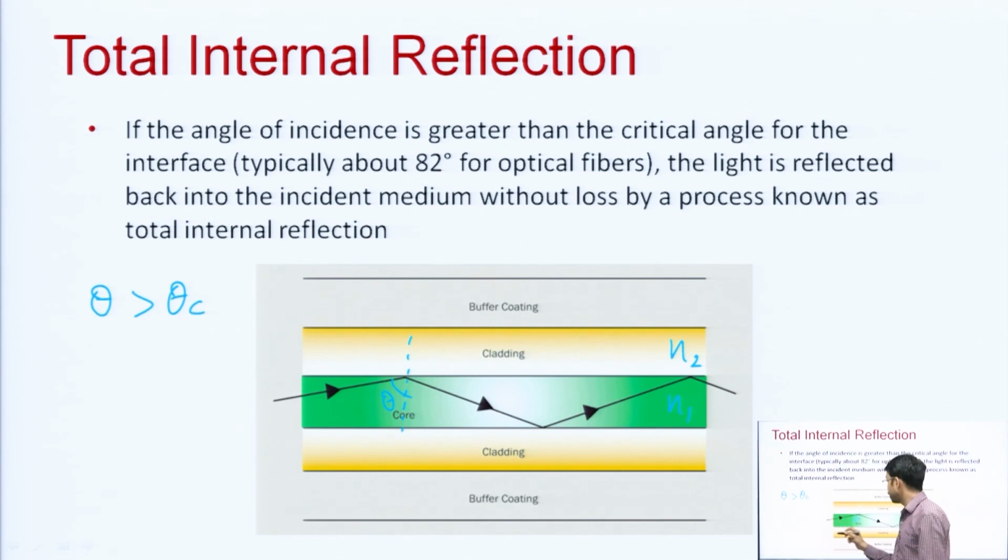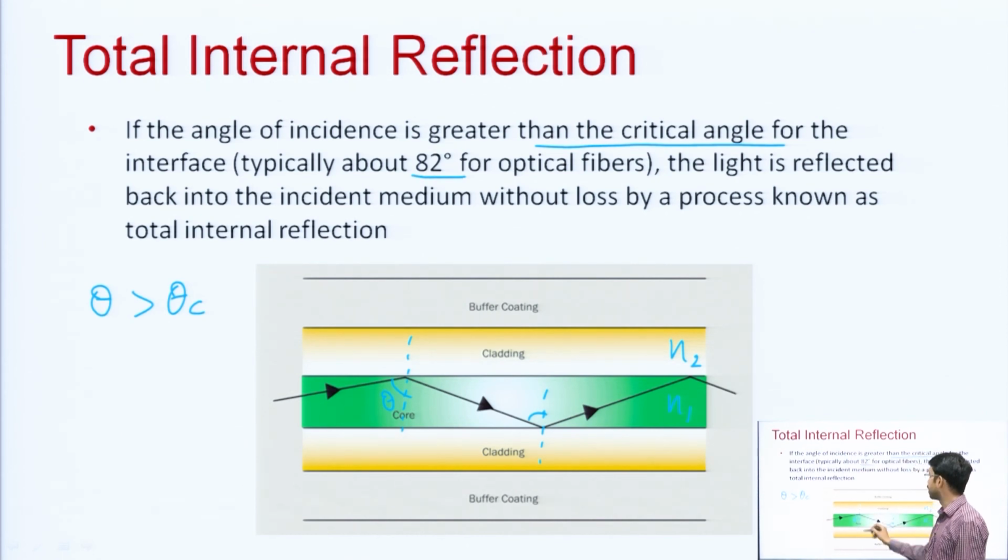So, when this theta is greater than the critical angle for this interface, what will happen? The light ray will undergo total internal reflection and it will travel along the core only. No light will go in the cladding. Similarly, this angle also is now greater than theta c, so total internal reflection, and the light will travel along the core. The angle of incidence must be greater than the critical angle for the interface, which is typically about 82 degrees.